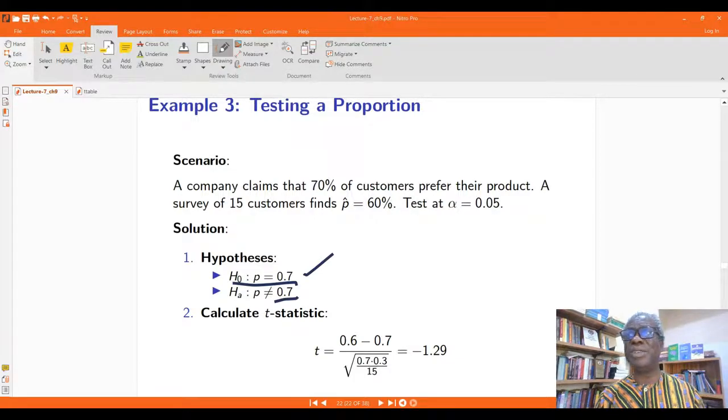So always remember the first thing is to formulate your hypothesis. If you are the researcher, you need to ask: what claim are you making? Or what do we know about the proportion of the population?